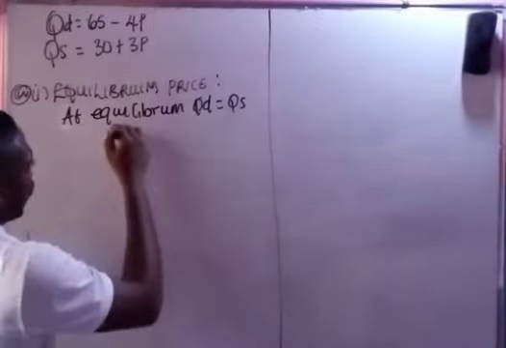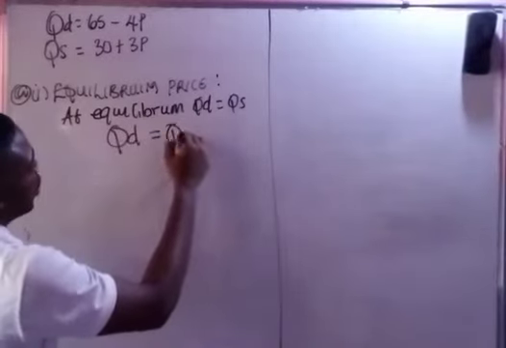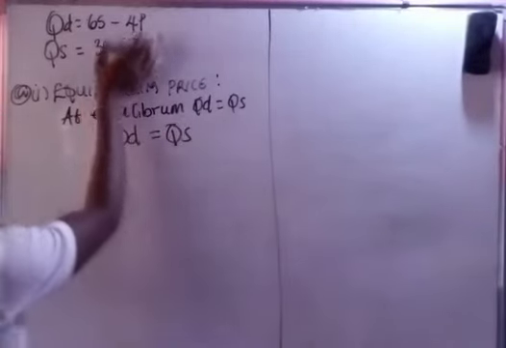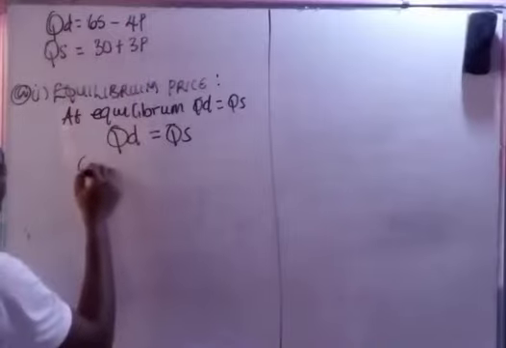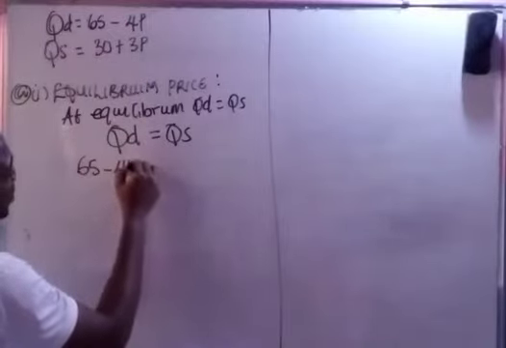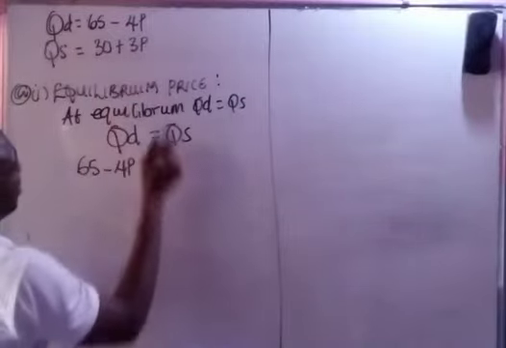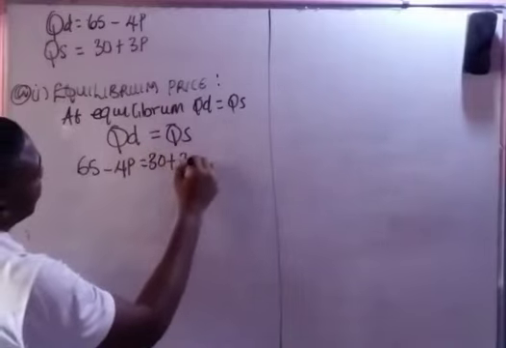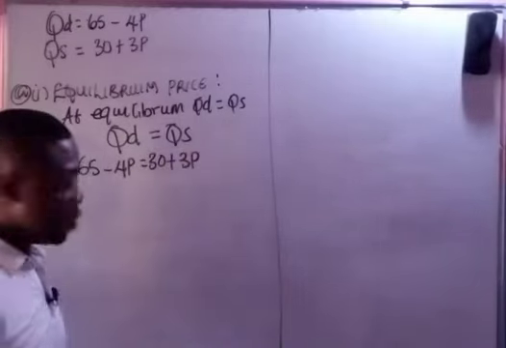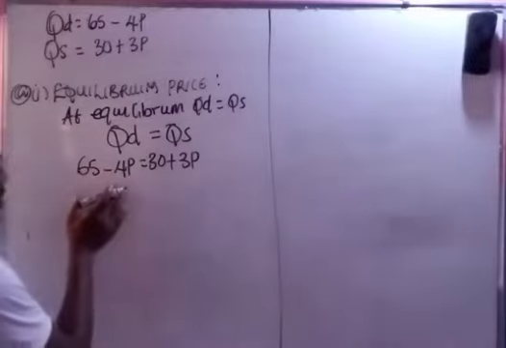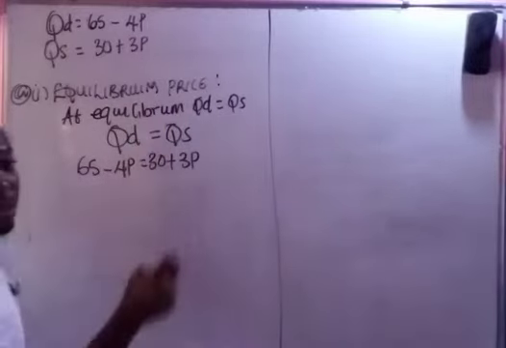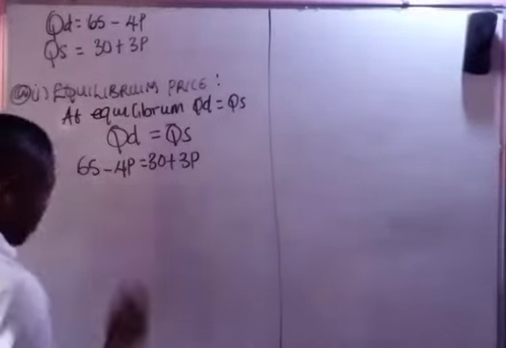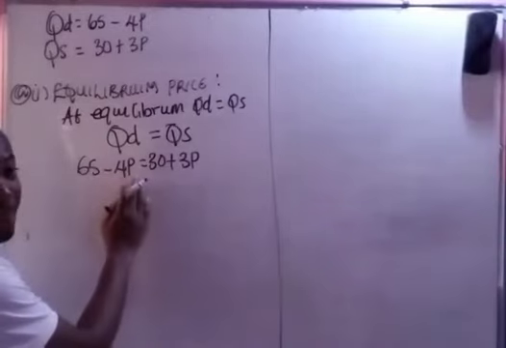So if quantity demanded equal quantity supply, what is quantity demanded? Look at the function given as 65 minus 4P equal, what is quantity supply? 30 plus 3P. So if that is the case, now our aim is to get P, which is the equilibrium price. So we have to make P the subject.